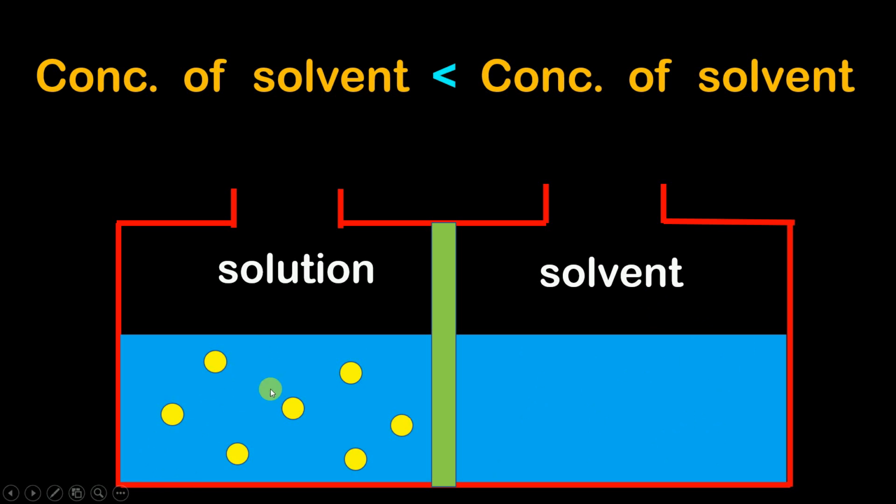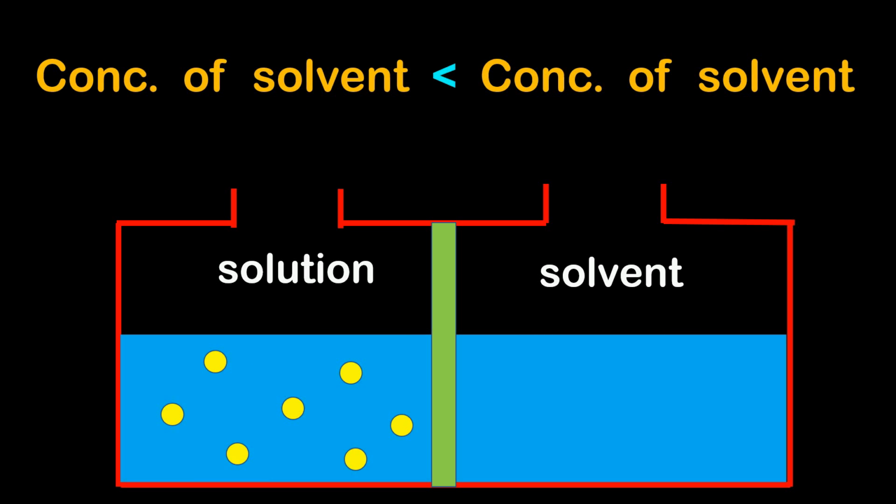Therefore, as compared to the right hand side, on the left hand side there is less amount of solvent. So the concentration of solvent is less on the left hand side and greater on the right hand side. Clear with this?